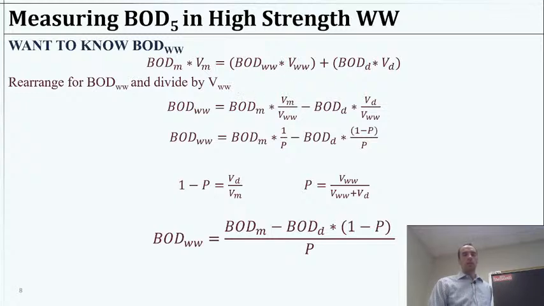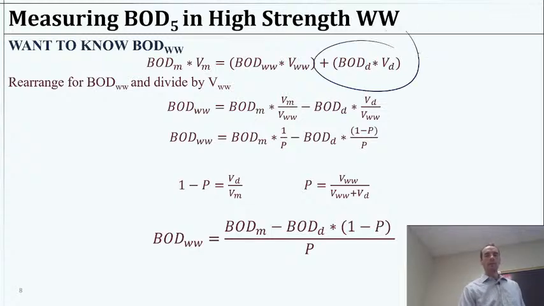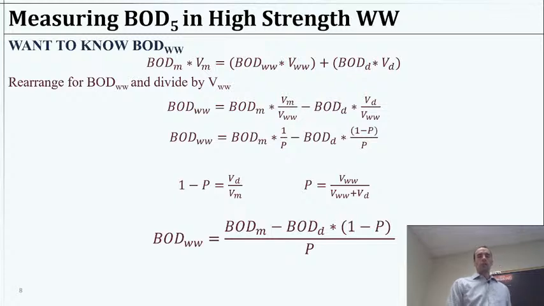So that's why we'll see BOD of the mixture times the volume of the mixture, and then dividing by the volume of the wastewater. This is just taking a couple steps in one, subtracting this from both sides, and then dividing everything by this, okay? Then we have minus the BOD in the dilution times that volume of dilution divided by the volume of wastewater.